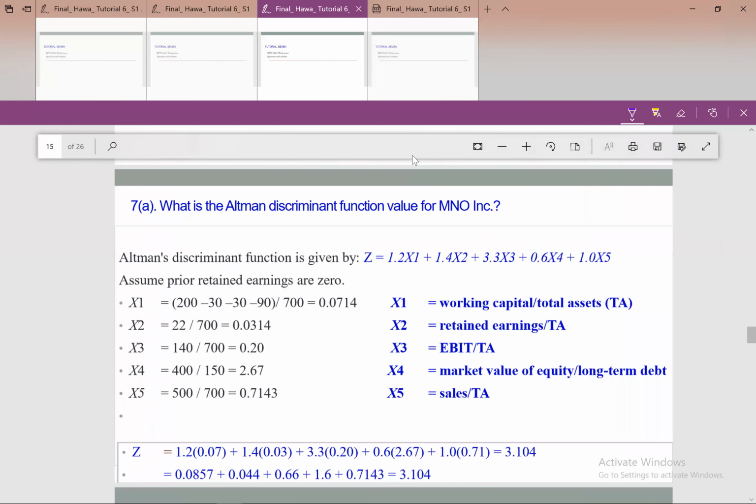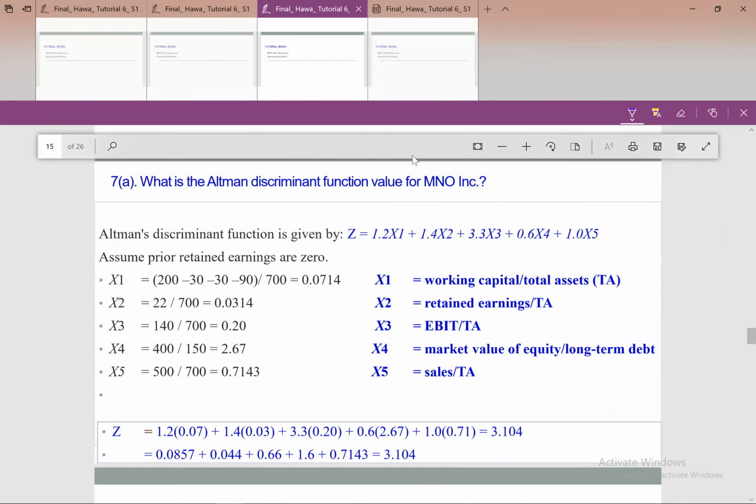This is what we call credit scoring. Now, if somebody tells me where I got the 1.2, 1.4, 3.3, all those coefficients, we call them coefficients, they have already been obtained from the regression analysis.